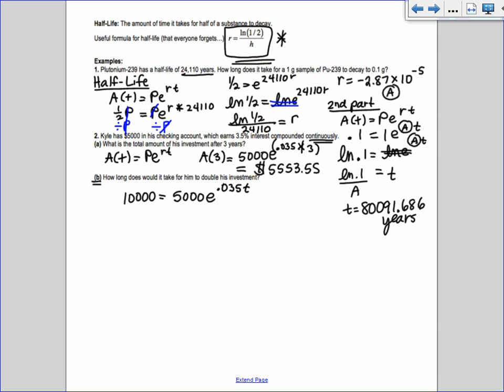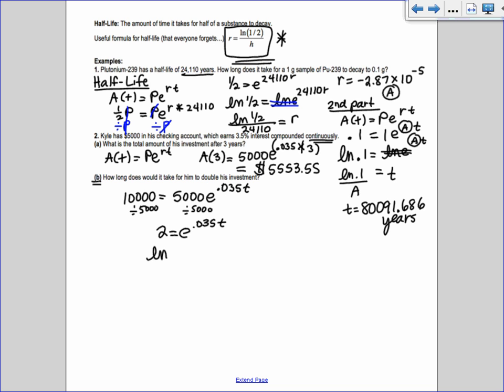Sometimes I like to trick you, and on your test, I don't tell you how much Kyle started with. That means you would put P, and on the left side you put 2P. Does it make sense? Because when you divide out by the P value, when I divide by 5,000, I get 2. That's why it's doubling time. Twice what you had. So I have 2 equals e to the 0.035t.